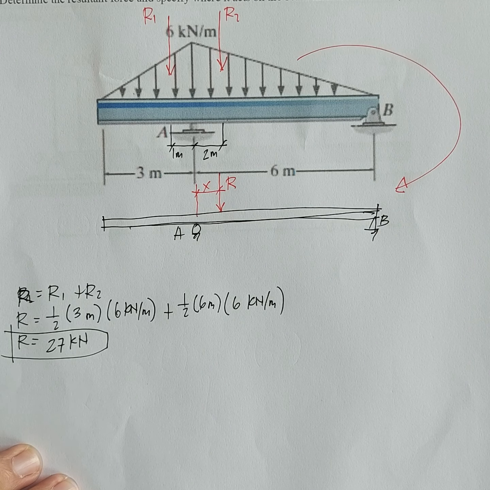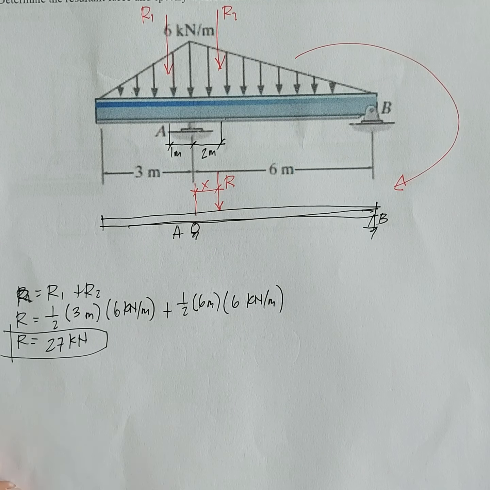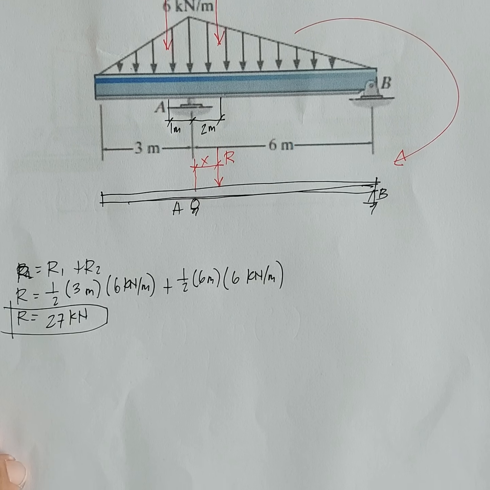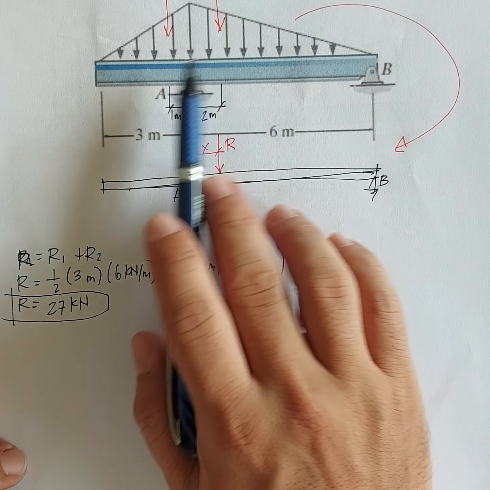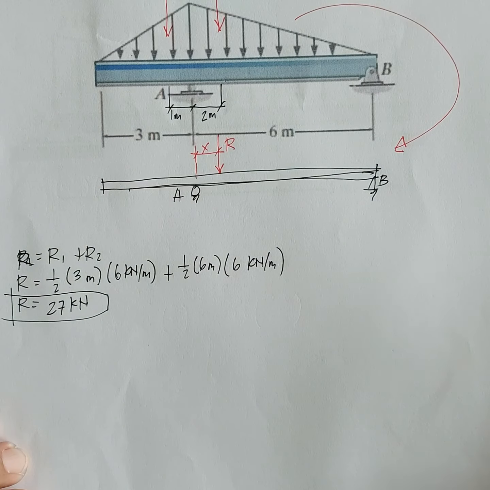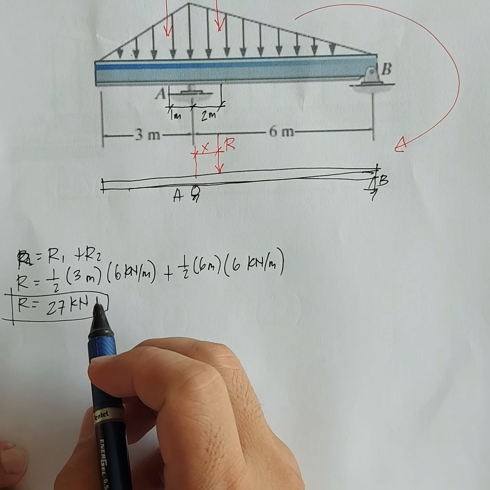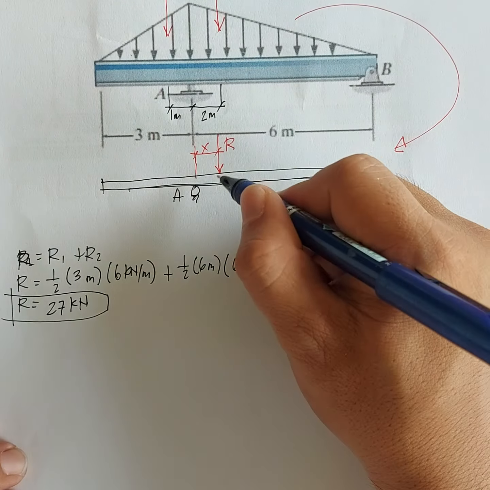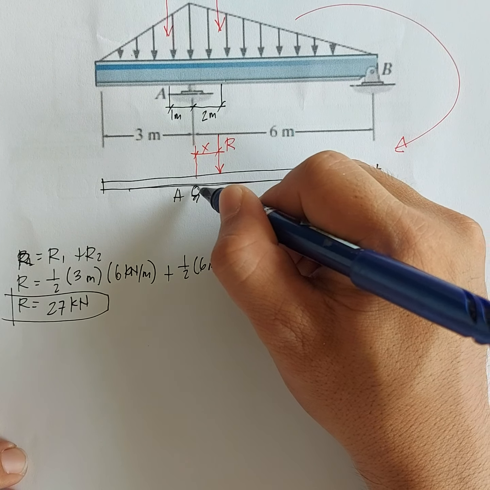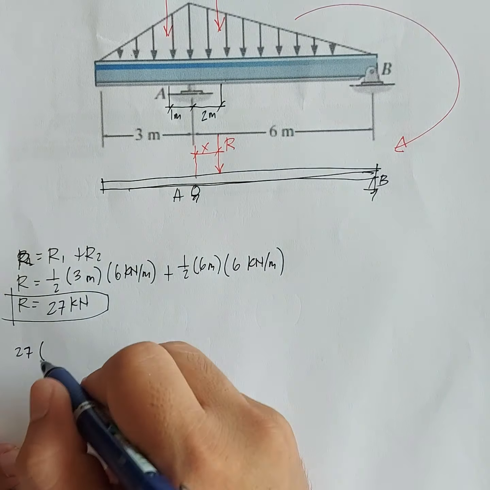Let's use the principle of moments to solve for the value of X. The moment of R should be equal to the moments of the original force system about point A. R is equal to 27 and it creates a clockwise moment about A, so that's positive: 27 times X, its moment arm.